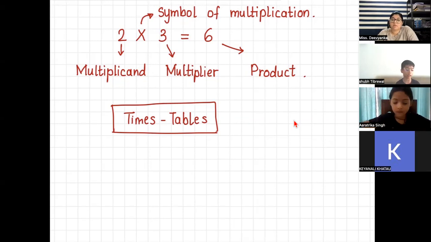All subjects. Okay. So did you start learning your times tables? Yes. Good. Till what number have you done? 13. Till 13. Okay. What about you, Aratrika?